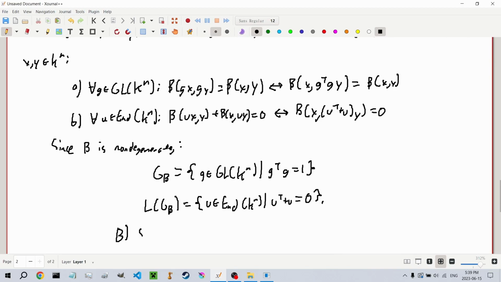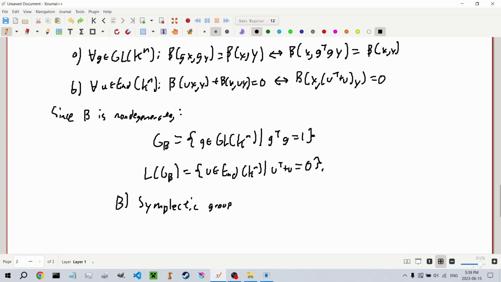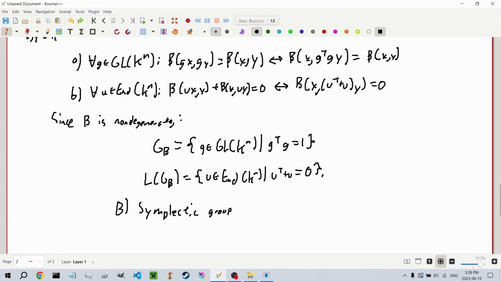Secondly, we're going to look at the symplectic group. So we're going to take n to be equal to 2m and beta the bilinear form. So essentially we're saying we're in an even dimensional space.